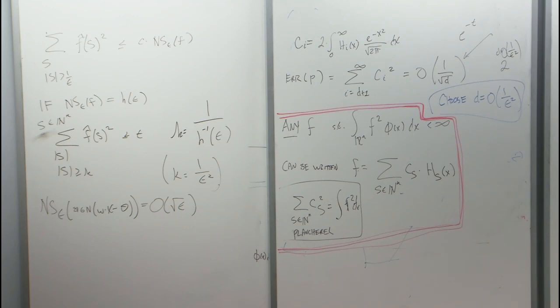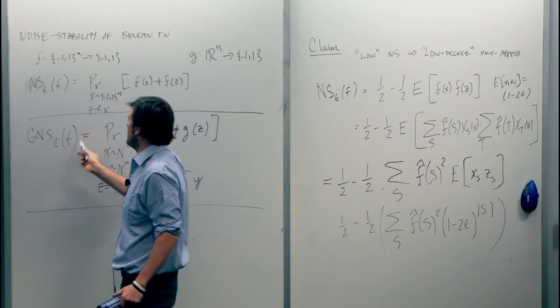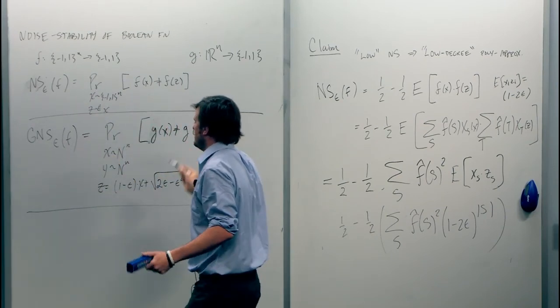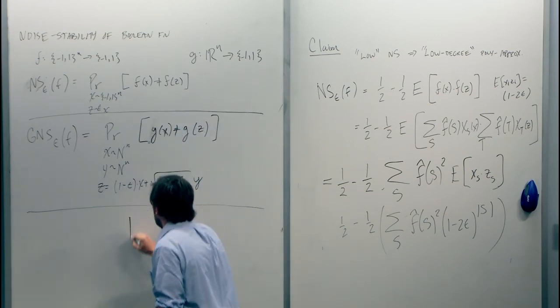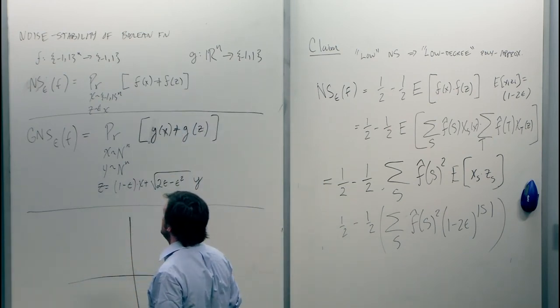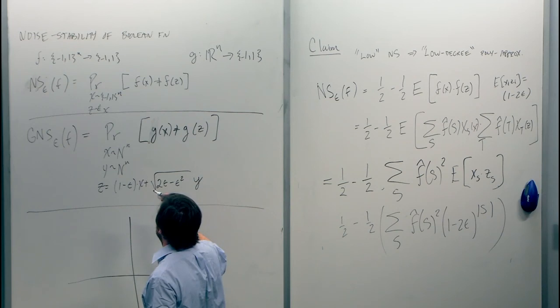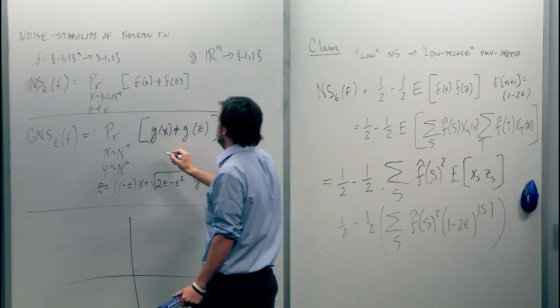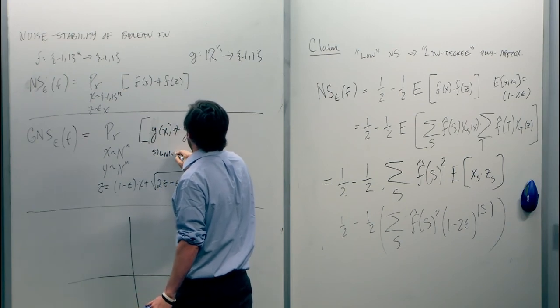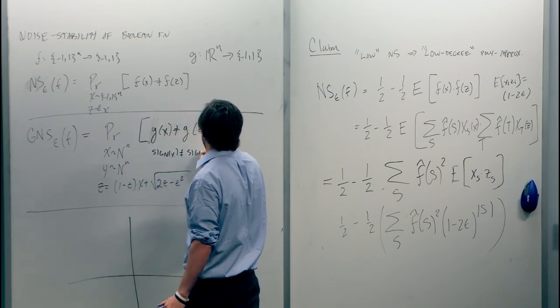Okay, and the nice thing, now that we have this relationship, what is the Gaussian noise stability of a half space? This is where sign of x does not equal sign of z.